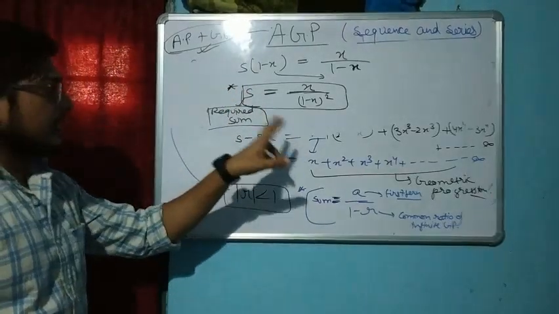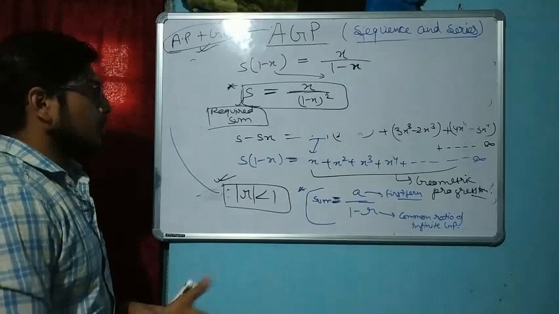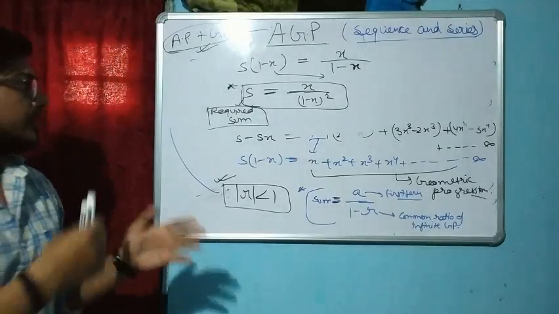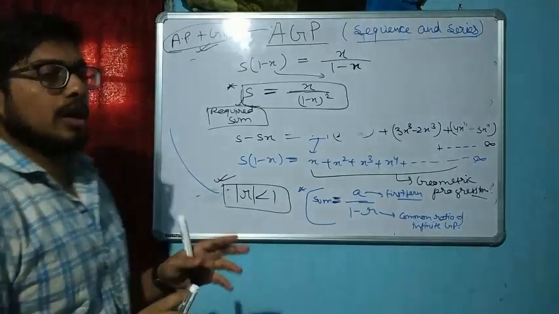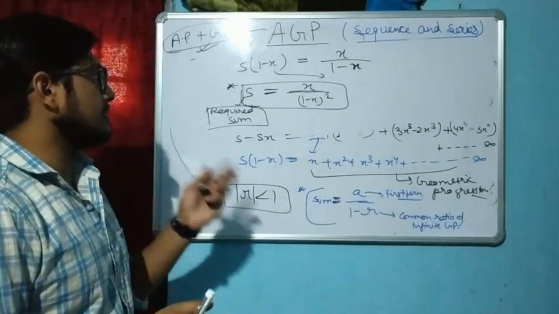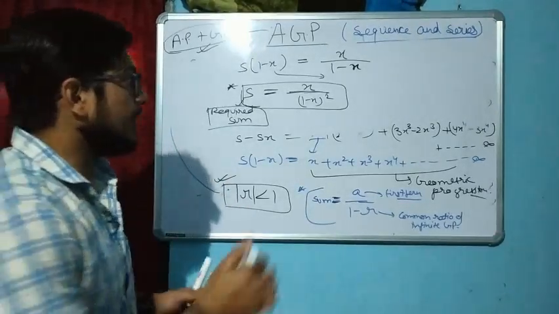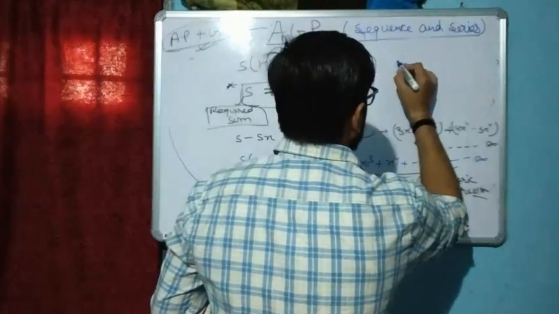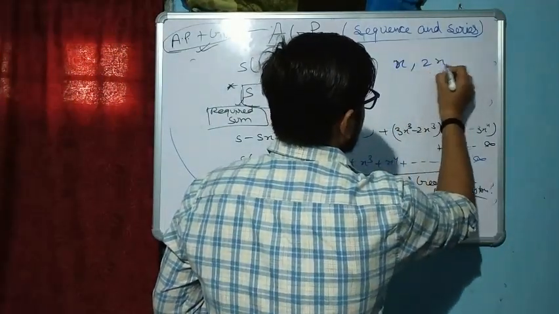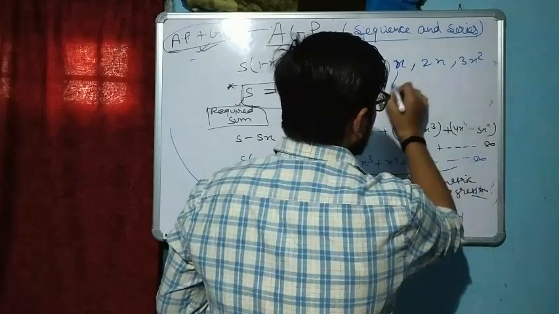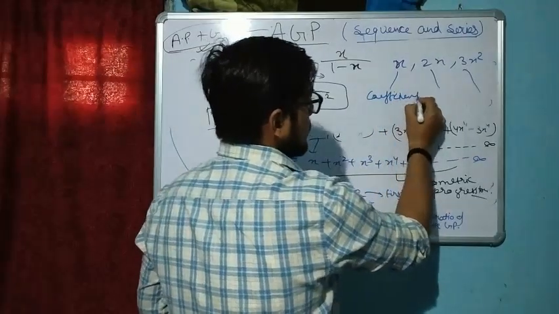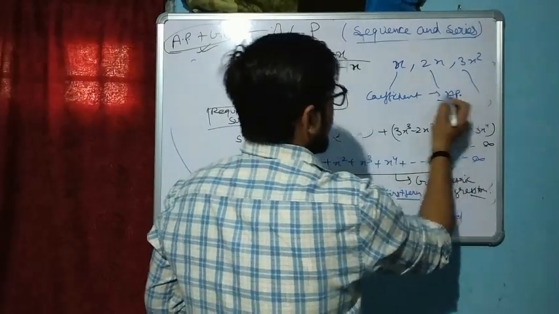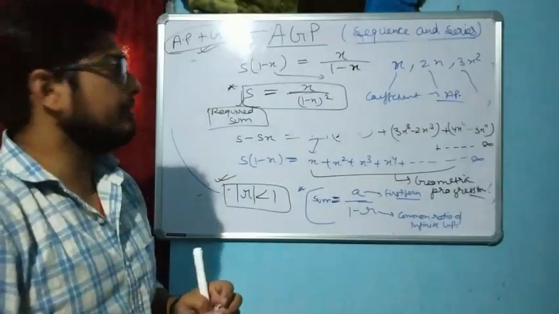So now after understanding this concept, you can find different terms in AGP. The basic thing that you have to remember while understanding this concept is you need to split the terms very carefully, such that you find a coefficient in AP, or it can be a coefficient or any variable as well.